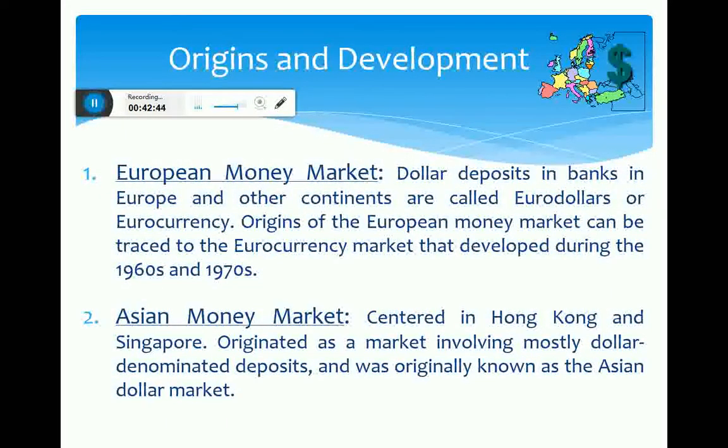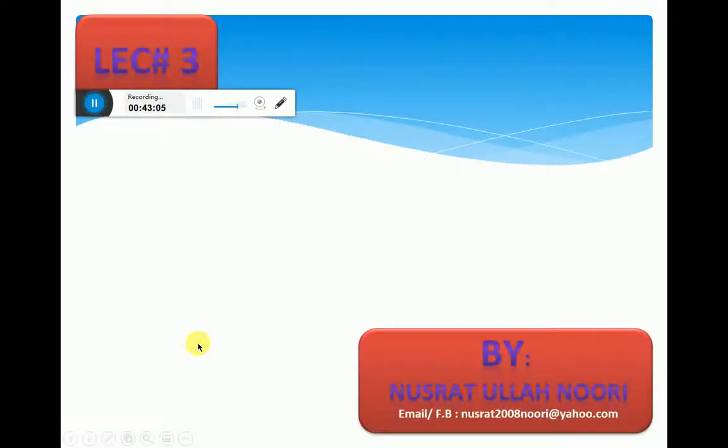And there is the Asian money market, especially centered in Hong Kong and Singapore, where deposits and lending are mostly dominated by the US dollar. So that's why it's called the Asian money market or European money market. Otherwise, both of them are the international money market.